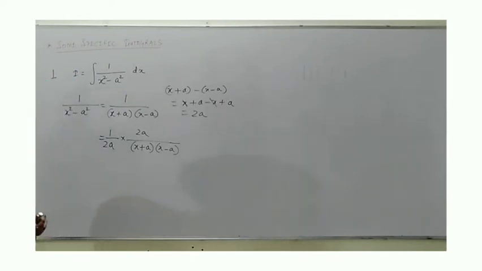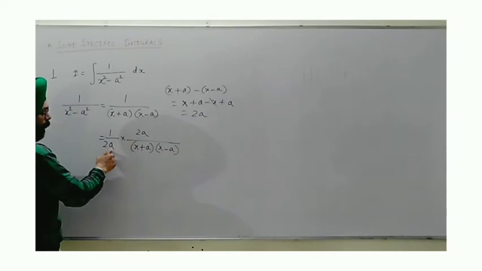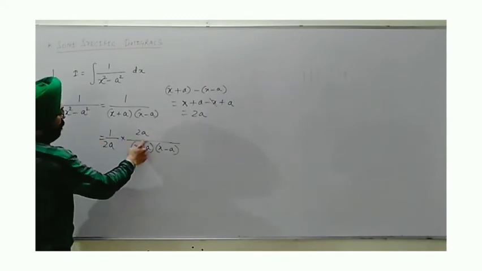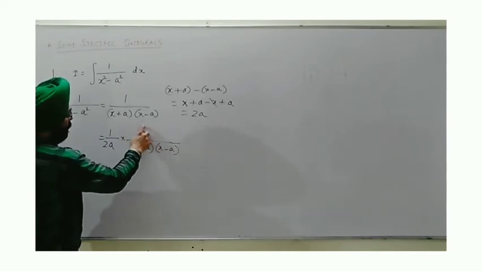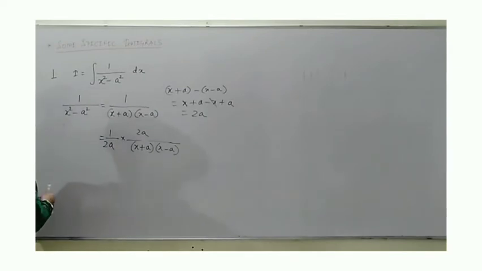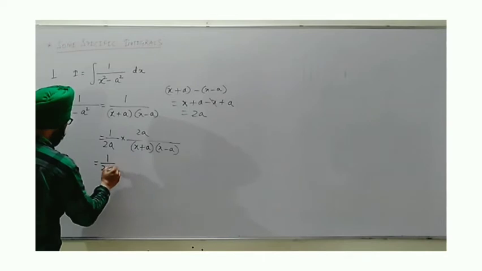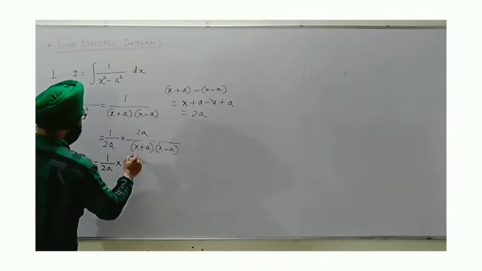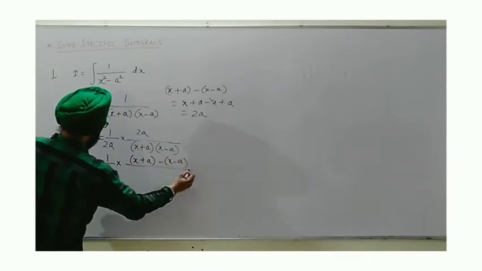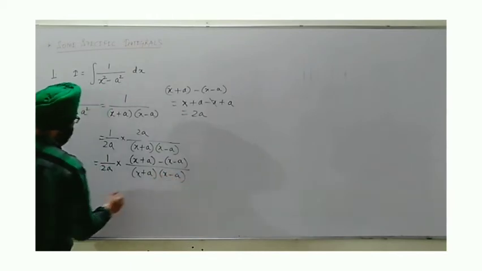Now what have I done? I have multiplied the numerator and denominator both by 2a. This 2a I have written separately from the denominator. Now the 2a which we obtained in the numerator can be substituted by this difference. So here we have 1 upon 2a as it is, and this can be written as x plus a minus x minus a upon x plus a into x minus a.